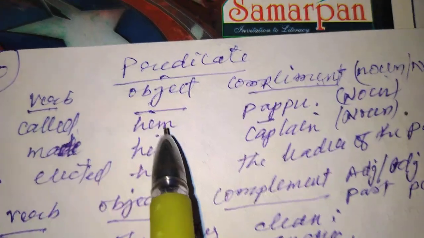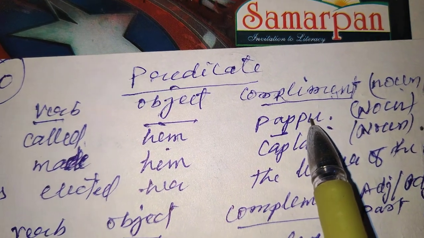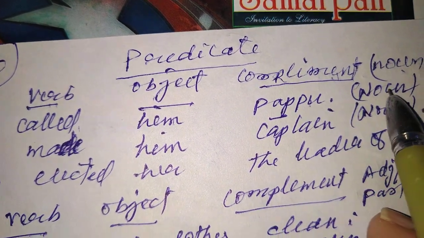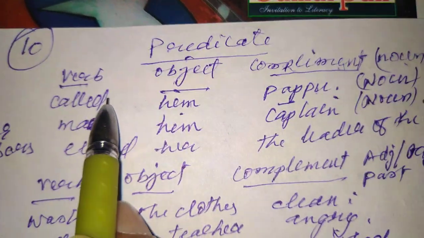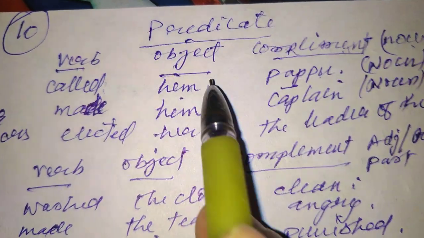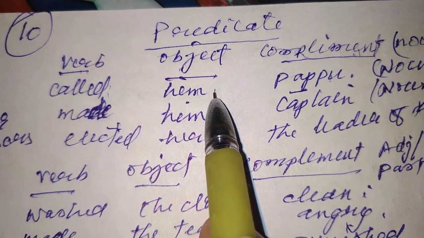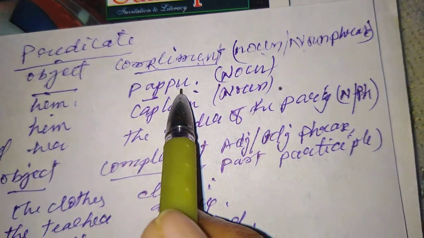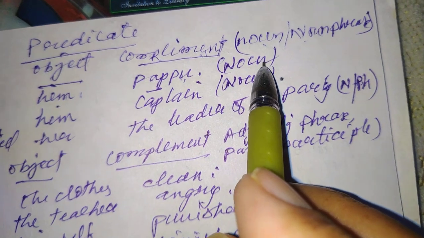They called him Pappu. Pappu is a noun. They is a subject. Called is a verb. Him is an object. Him is a living object, so this will be the indirect object. And the complement to him is the word Pappu. So this is a noun phrase.